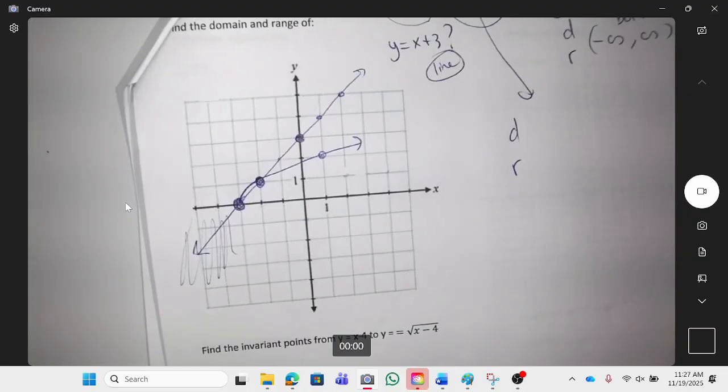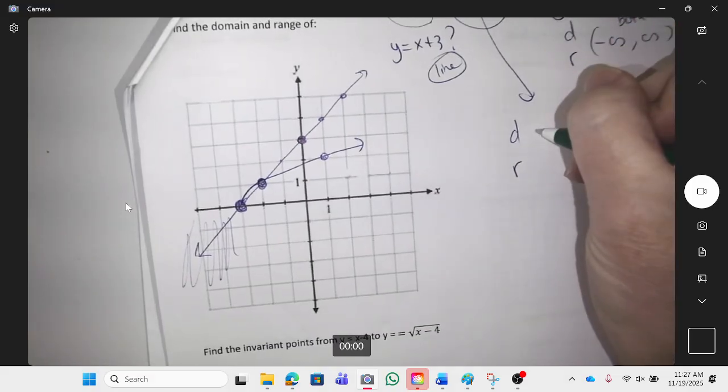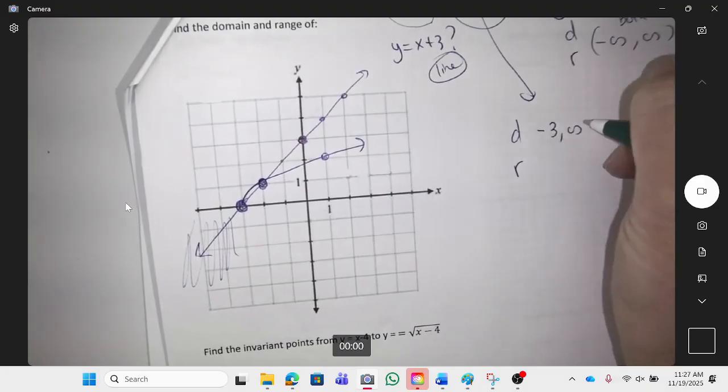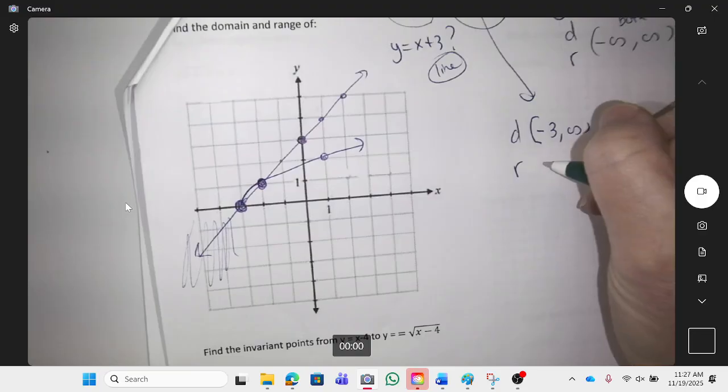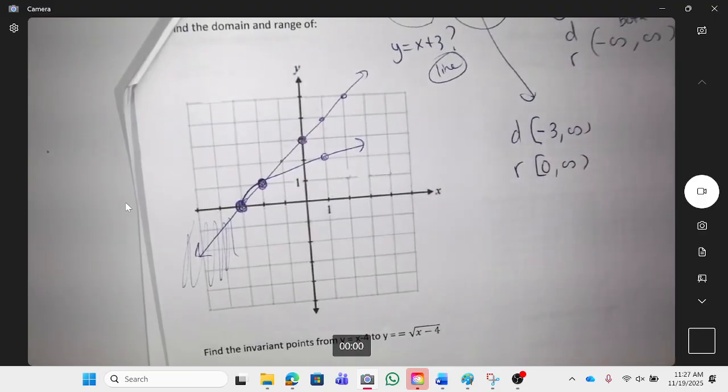So my domain got affected and my range, they both got affected. So here, now we're going to go -3. And 0.